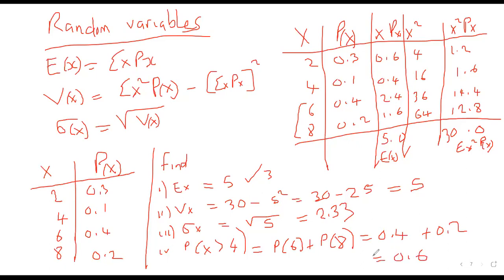So this is a probability. If they say at least 4, so starting from 4 going upwards, so I've added this plus that, we're going to get 0.7. They said at most 4, it means 4 and below. That I found 0.1 and 0.3, which is 0.4.